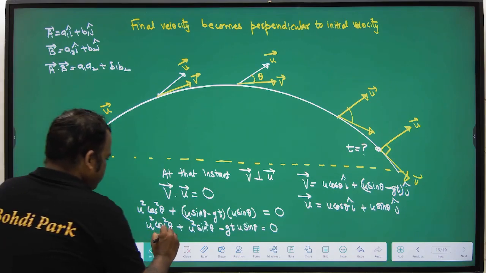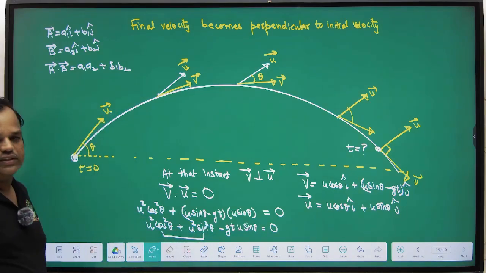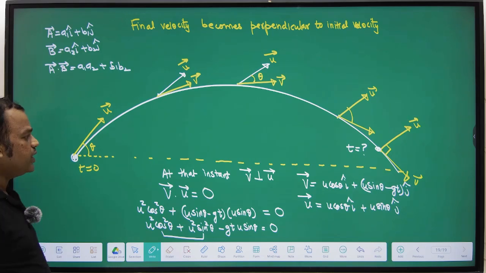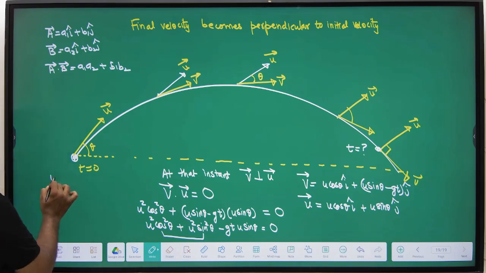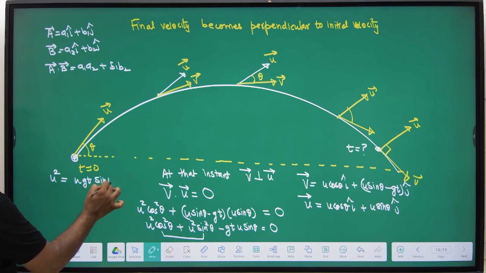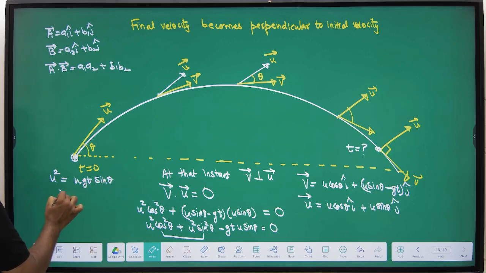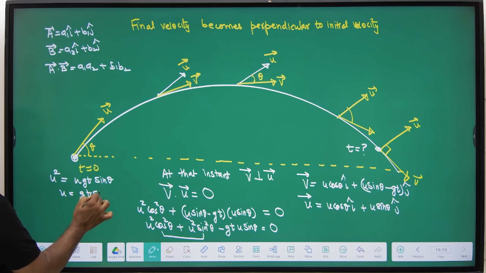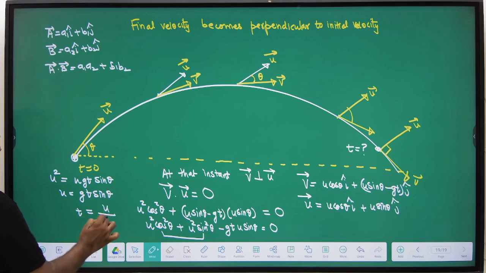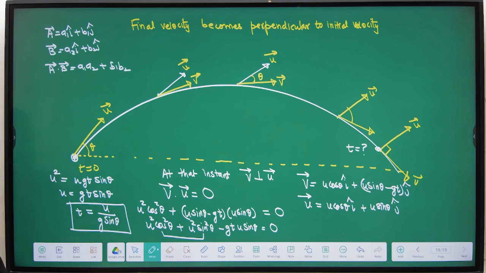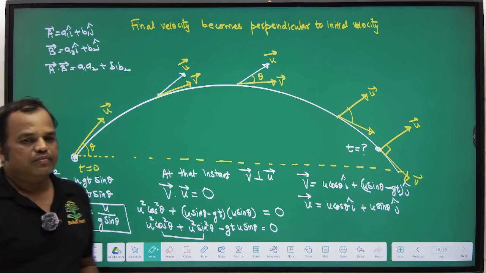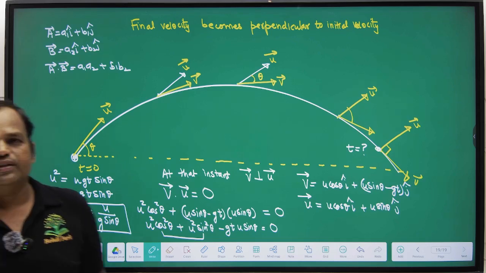Now u square cos square theta plus u square sin square theta will be u square. So u square is equal to u into g t sin theta. One u is cancelled, so u is equal to g t sin theta, so we have t is equal to u by g sin theta. So at this time the velocity will become perpendicular to the initial velocity.